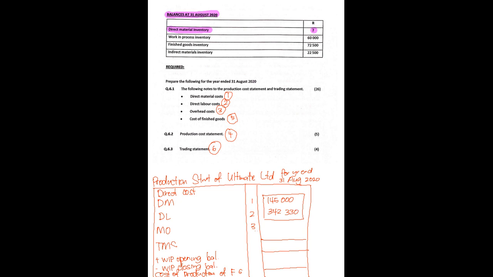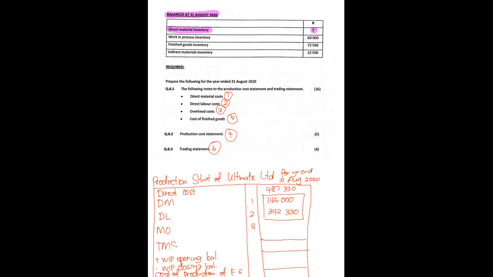So already you have the sum of your direct material and your direct labor to give you your direct cost in total. That's 487,330. So I'm going to write the total here. And that's a lot of your production statement already done.